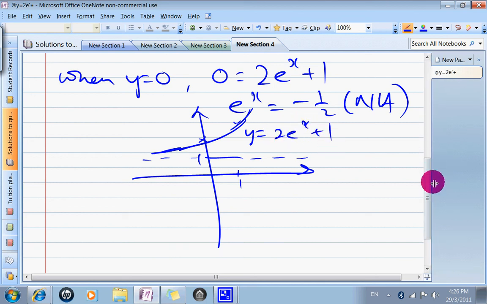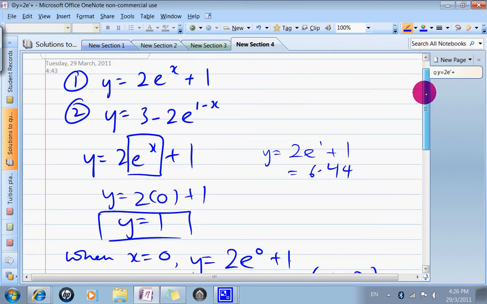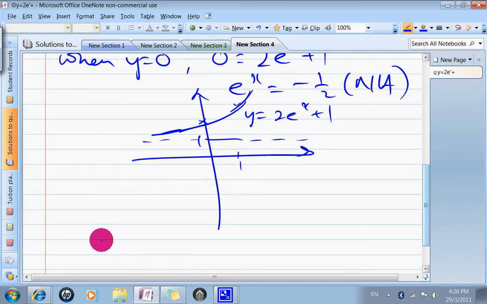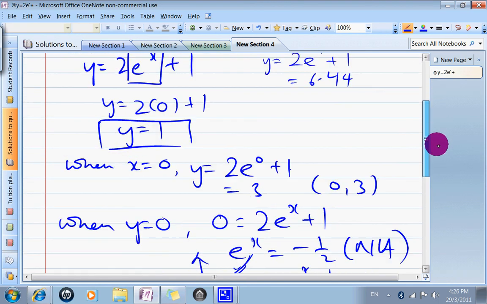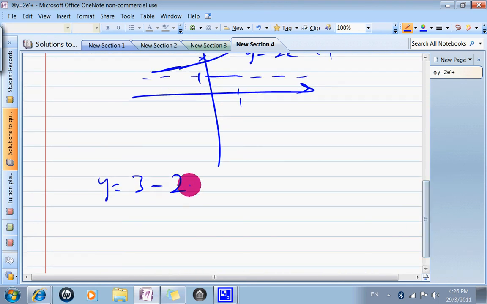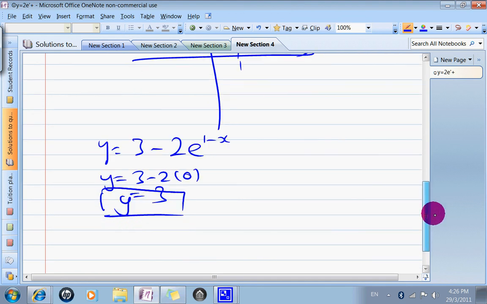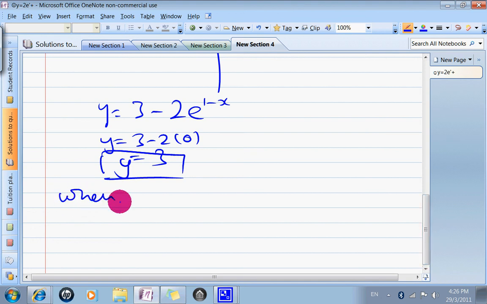Okay, for our next curve, y equals 3 minus 2e^(1 minus x). So same thing, the asymptote: y cannot be 3 minus 2 times 0, so y equals 3 is the asymptote. Okay, so next is when x is 0.